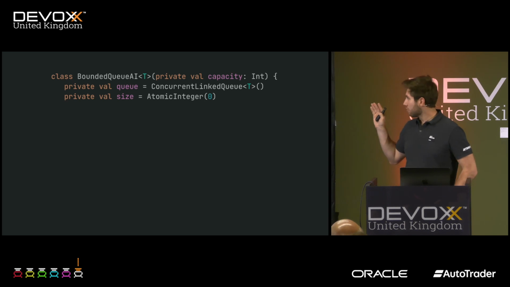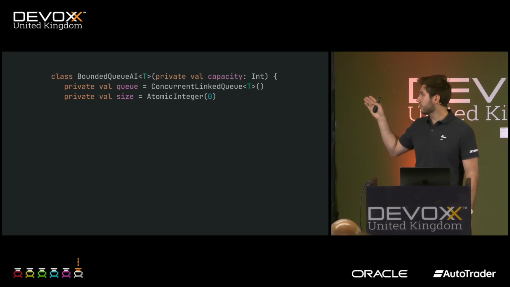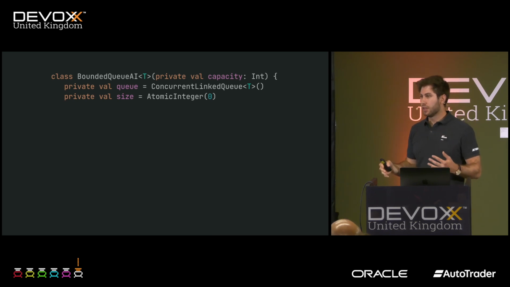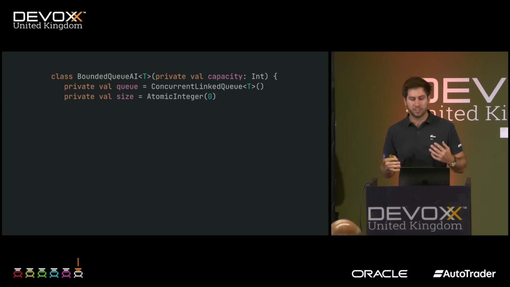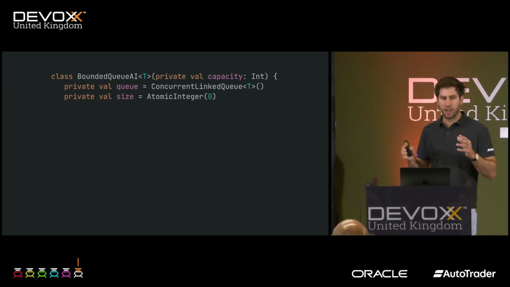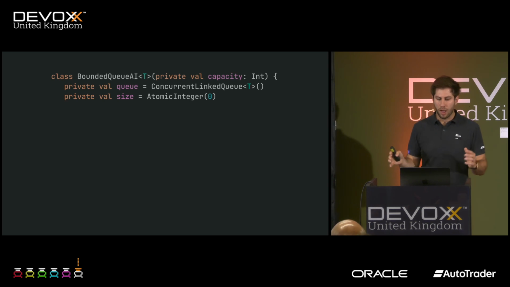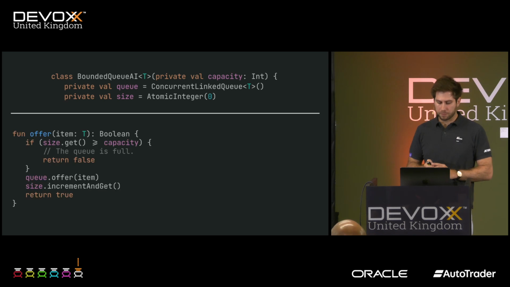So that's the concurrent bounded queue by ChatGPT with a specific capacity. To store the elements, it uses the ConcurrentLinkedDeque data structure, a concurrent queue from the standard library. And to maintain the current size of the queue, the number of elements in the queue, here we use an atomic counter.